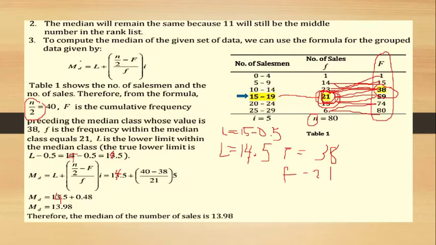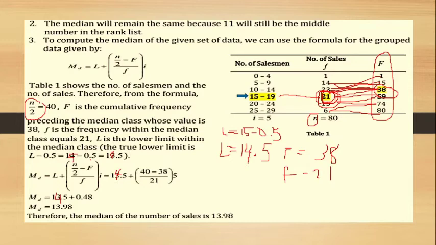By using the formula for the grouped data, the median is equals to the lower limit plus n over 2, or the sample space over 2, minus the cumulative frequency, all over the frequency, times the interval.